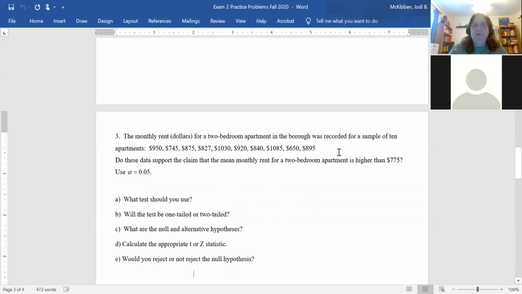I have 10 apartment prices. It's not people this time, it's apartments. But it's still my sample, these 10 apartments. So the sample mean is whatever the mean of these numbers is. My population mean, my mu, is 775. In this case, I would have to figure out the variance from scratch. If I was given that, I could move on to the next step.